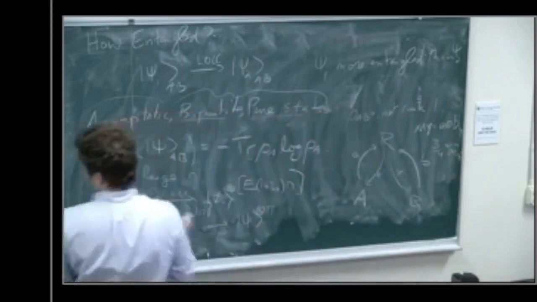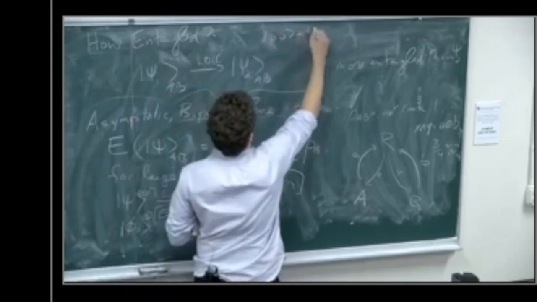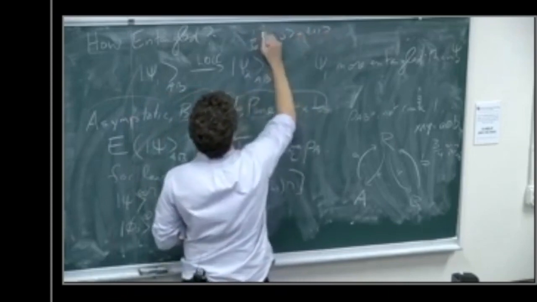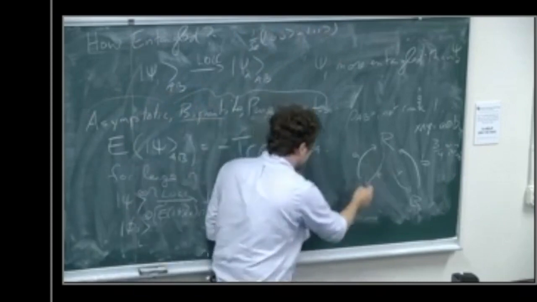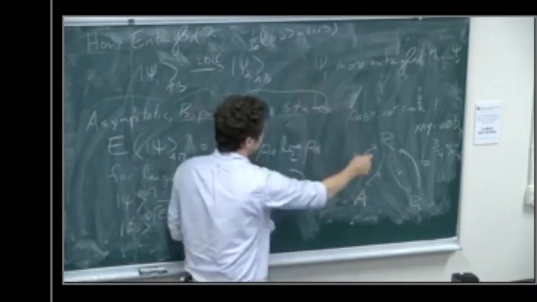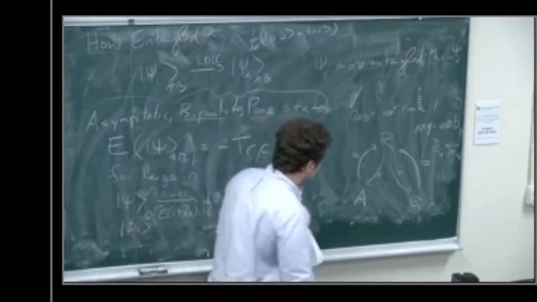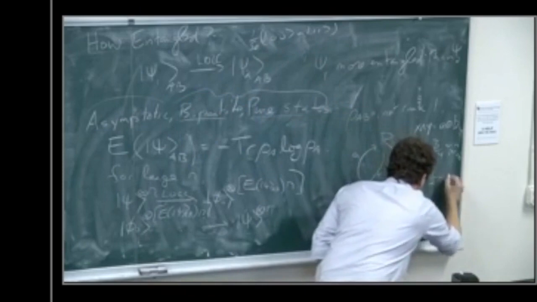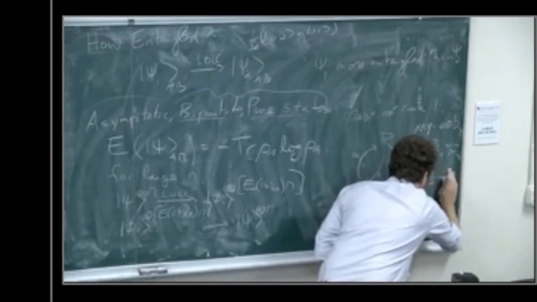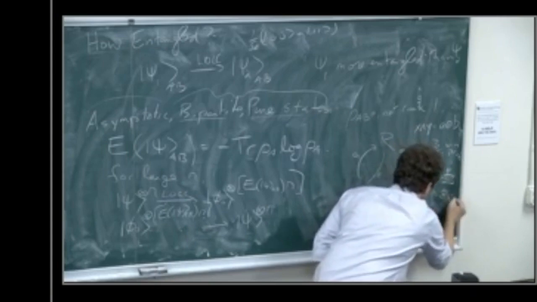However, if they share this state, because they can adaptively, based on the question, do a different measurement on their part of the state, they can win the game with probability 1 over 2√2, which is like 85% probability.